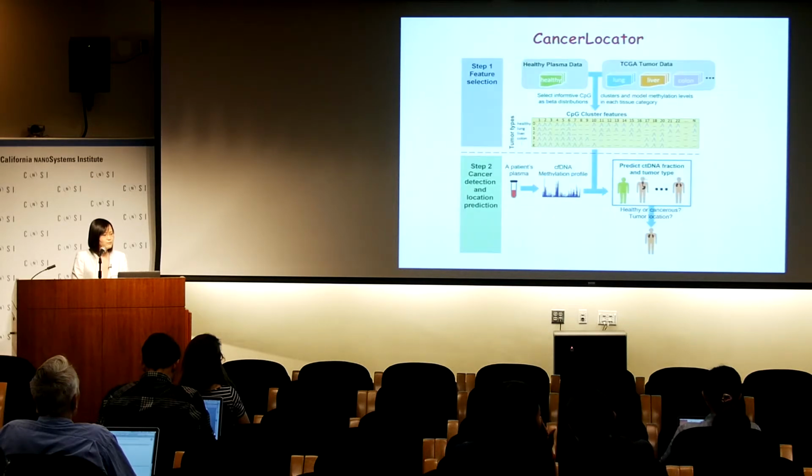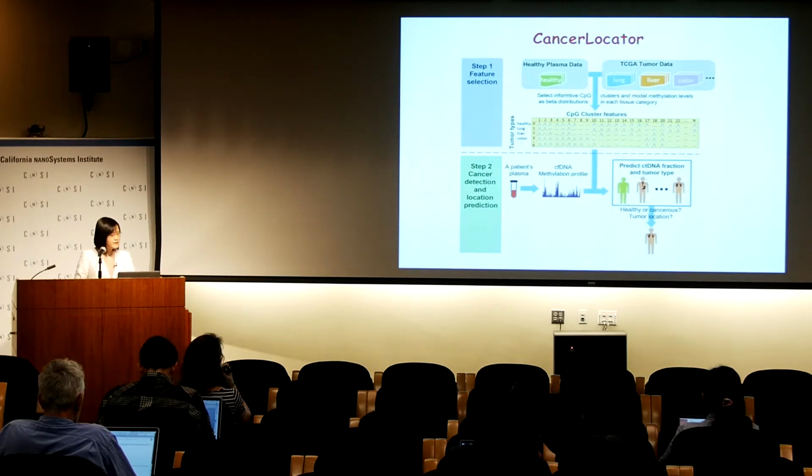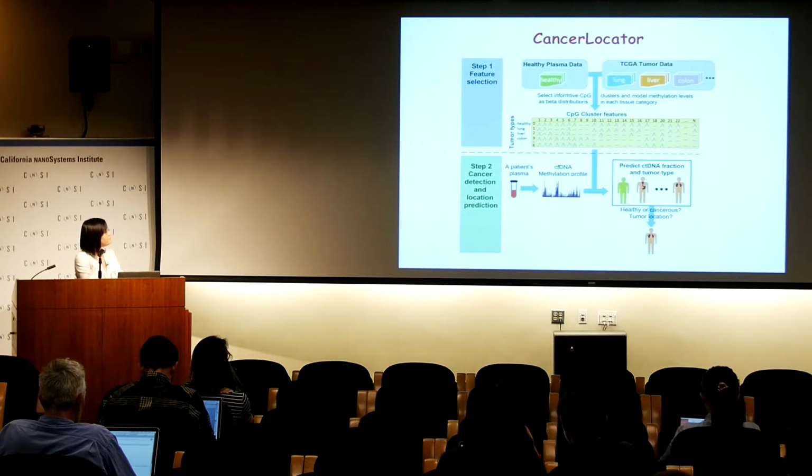So our method has 2 stages. In stage 1, we build features. By comparing the healthy plasma cell-free DNA methylation pattern to the TCGA tumor data, the methylation data in solid tissues, we can identify features.